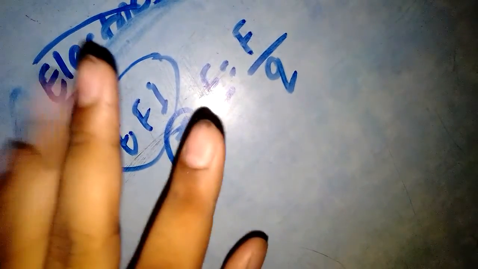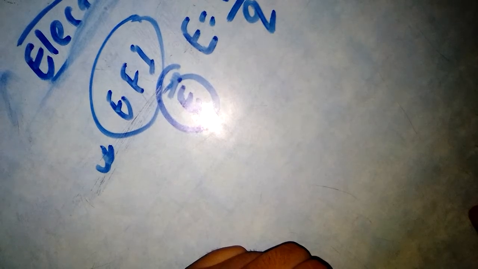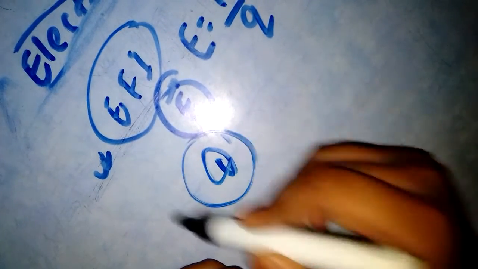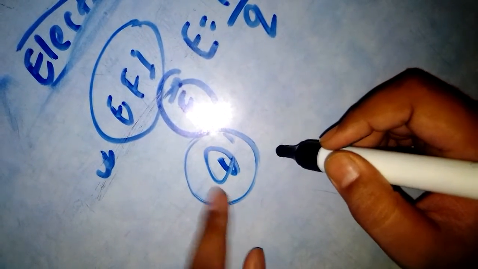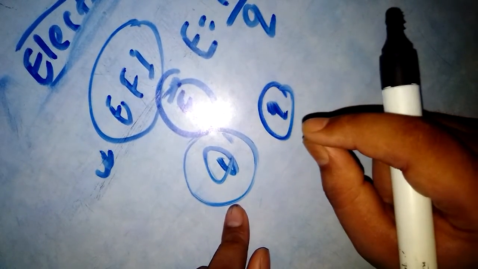Electric field is a vector physical quantity. Keep that in mind. Let capital Q, which we have considered, be a source charge, and small q be the test charge.